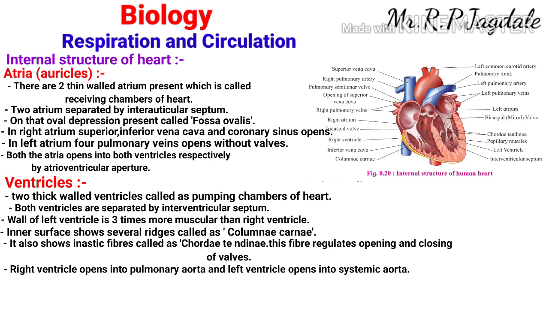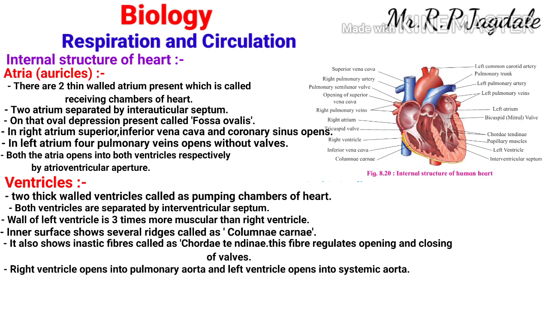Simultaneously, the left ventricle opens into the aorta and from the aorta it goes to the other body parts. So remember that the right ventricle supplies blood to the lungs and the left ventricle supplies blood to the other body parts. This is about the atria and ventricles of the heart.